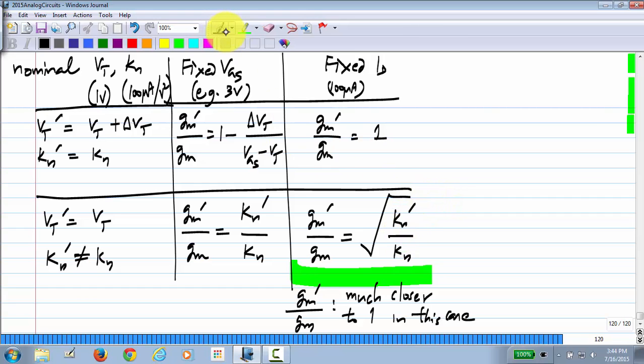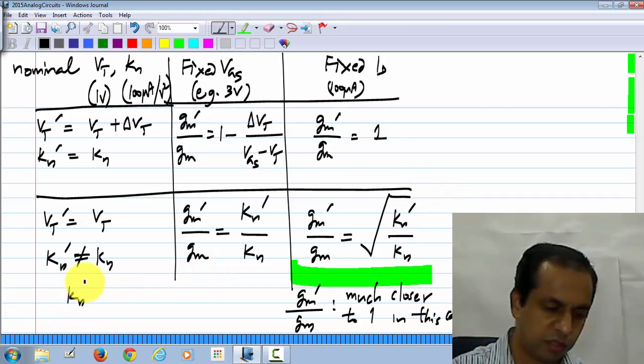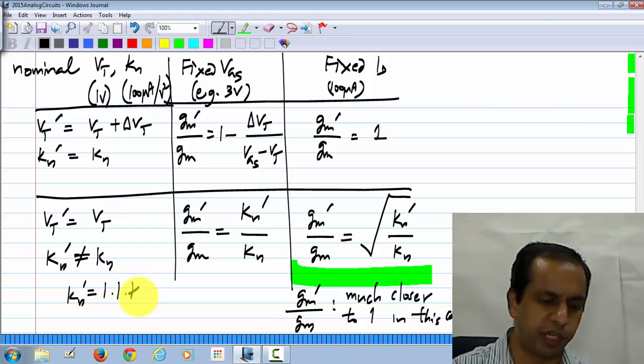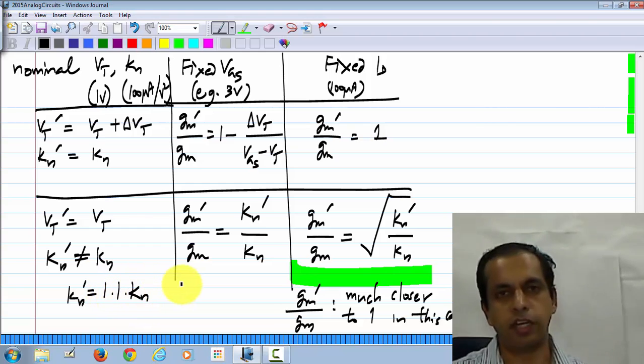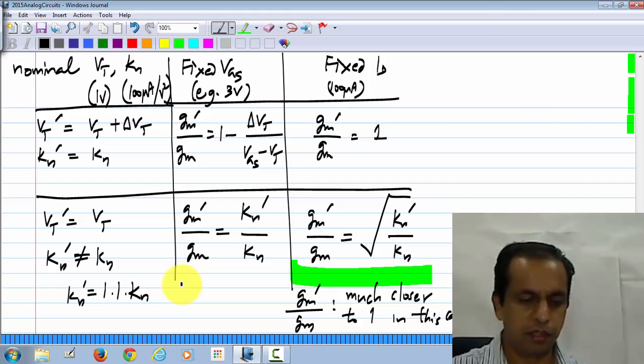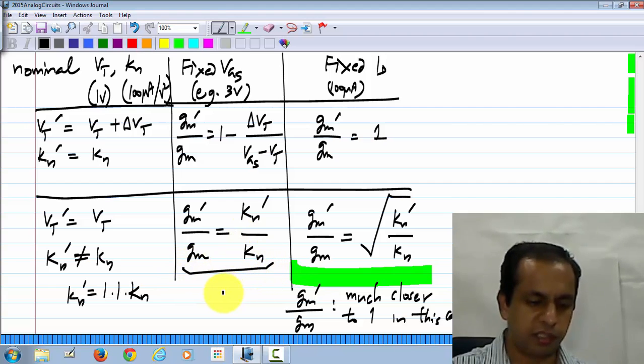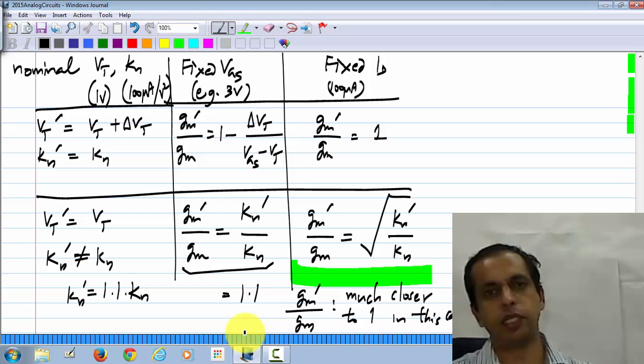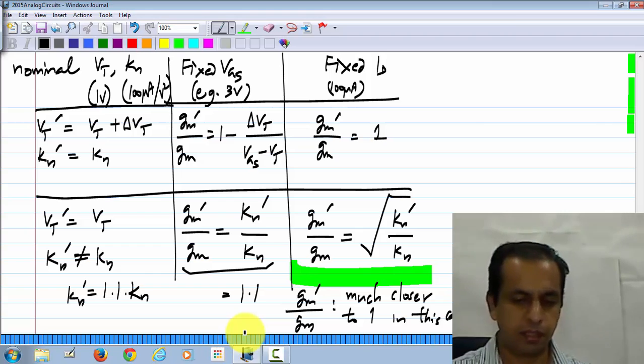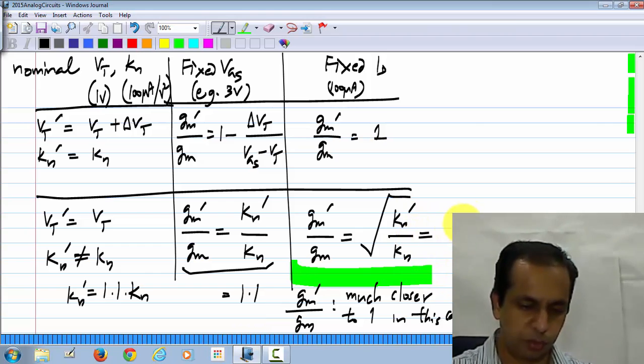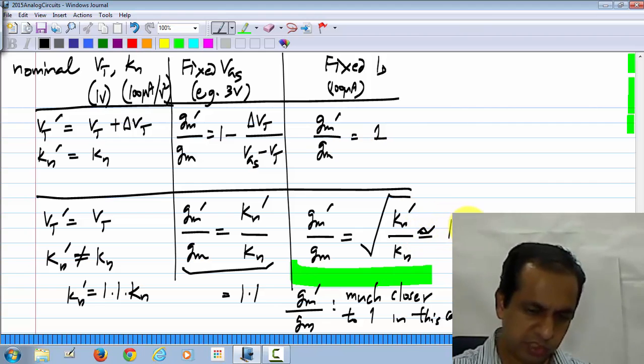So let's assume that Kn prime is 1.1 times Kn. That is, the current factor has increased by 10%. So in this case, this number will be 1.1. Gm also increases by 10%. Whereas in this case, this will be approximately 1.05.